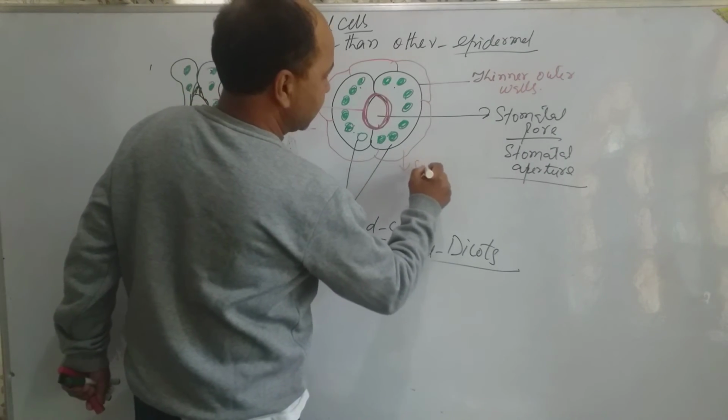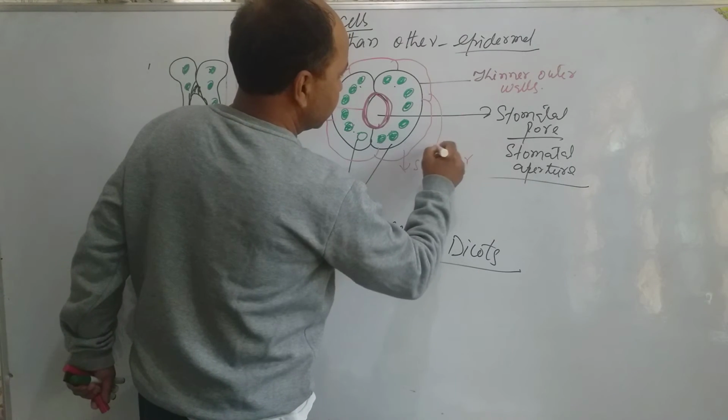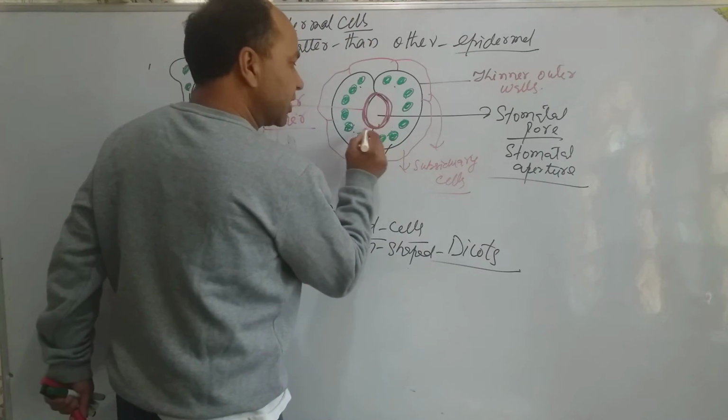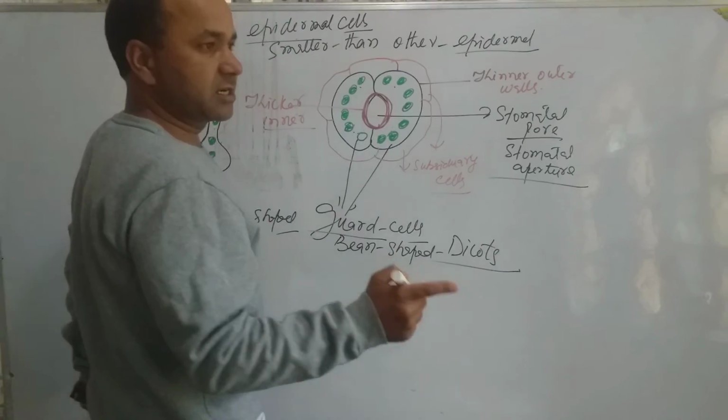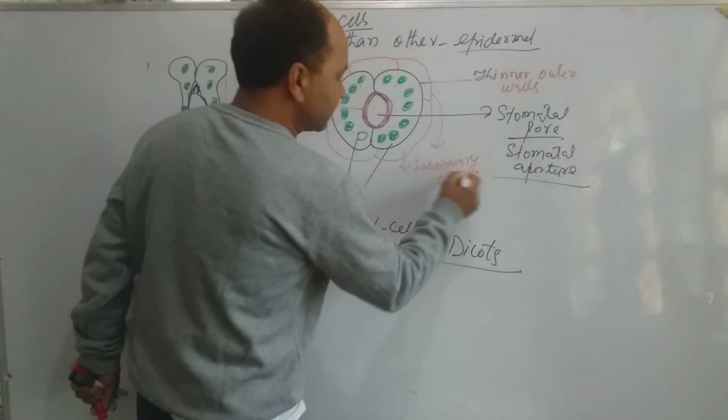This is a subsidiary cell, or these are subsidiary cells. The immediate cells surrounding these guard cells are known as subsidiary cells.